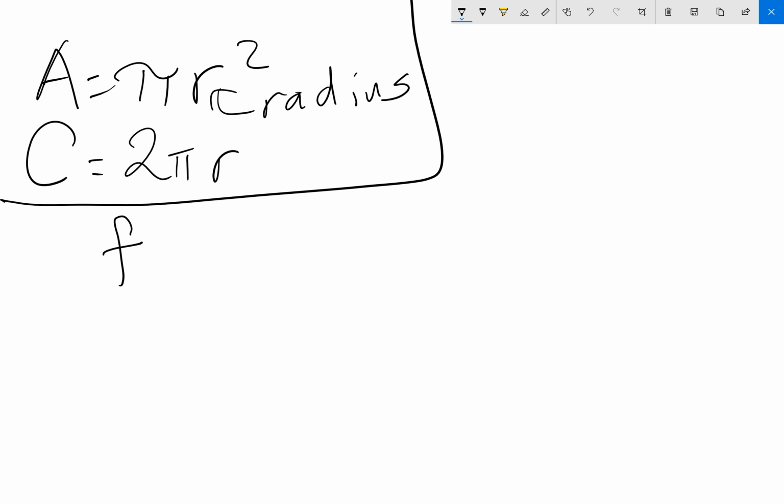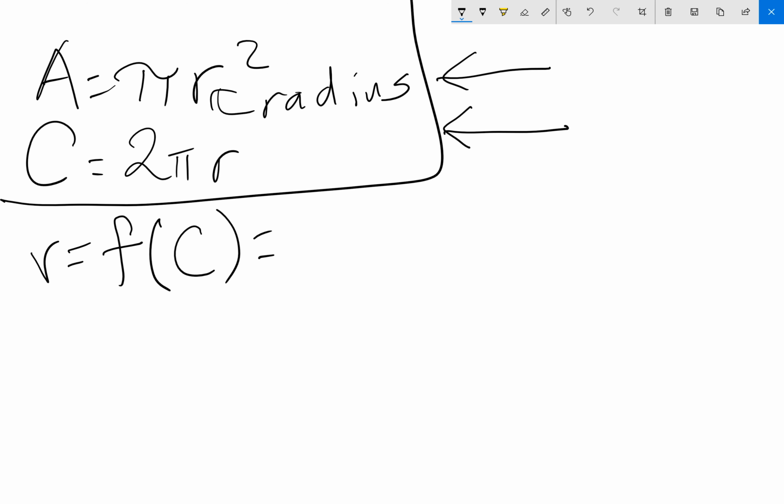We have f as our name that determines the radius in terms of the circumference. So which of these two are we going to use? We're going to use this one because it has a C and an R, and those are the two things that we need for this.